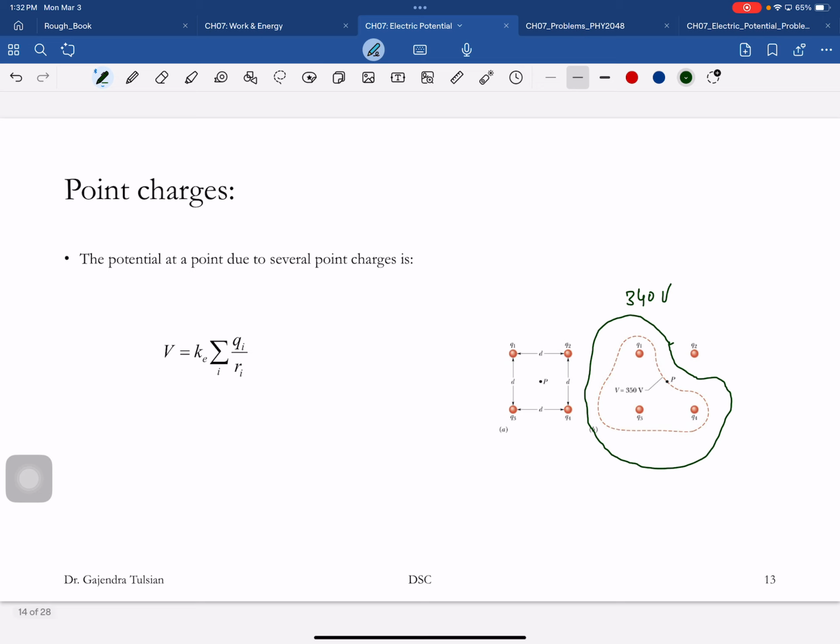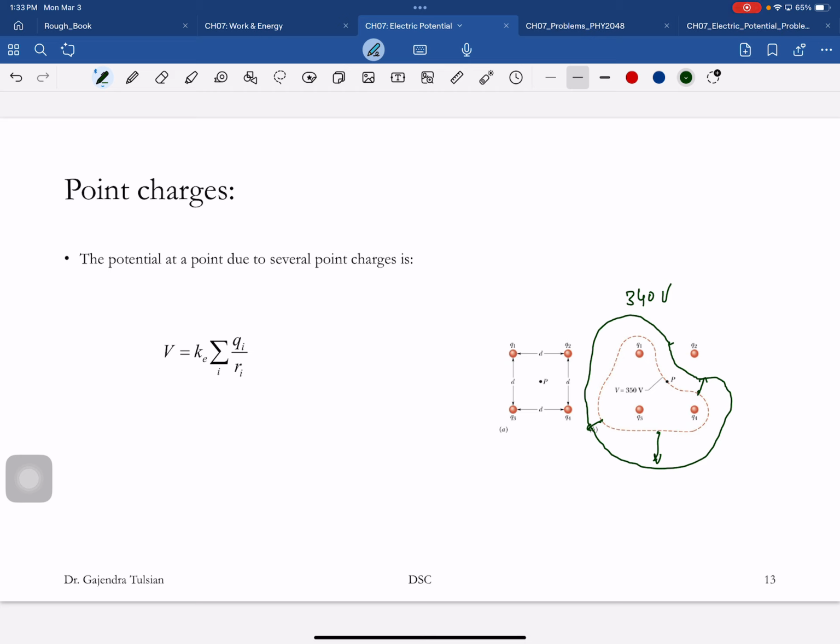At this point, which way is the electric field pointing? Very good. You know that it's perpendicular to the surface and it points in the direction of decreasing potential. At this point, it's pointing in this direction. That's very useful information.